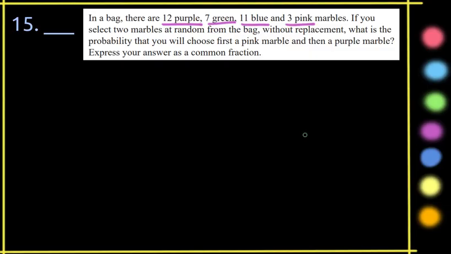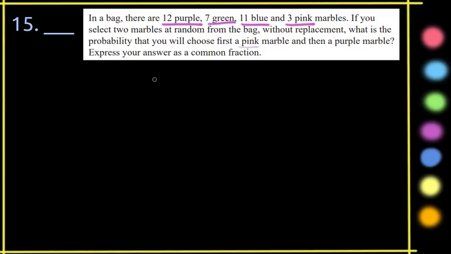Okay, so it's best to do this one step at a time. Let's think about the situation when you first draw that first marble. There are 12 plus 7 is 19, plus 11 is 30, plus 3, 33 total marbles. And you are going to try to draw a pink one.